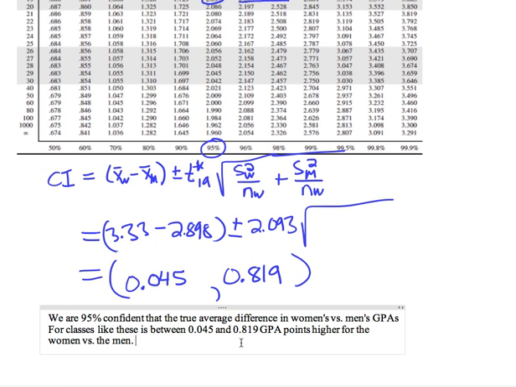So that totally confirms our rejection from earlier. It's not on both sides of 0, it's totally above for the women. So this confirms our hypothesis test from a moment ago.